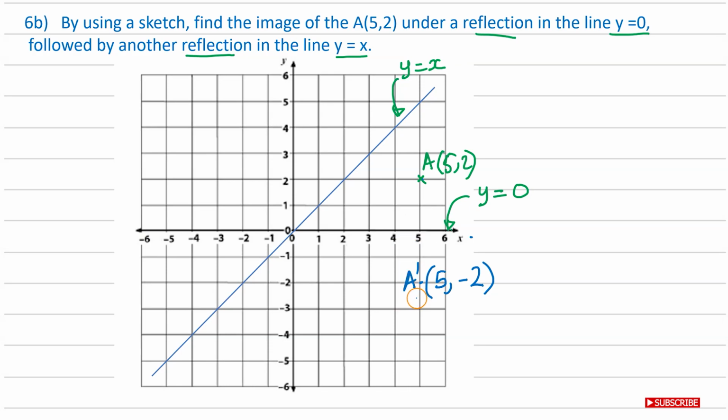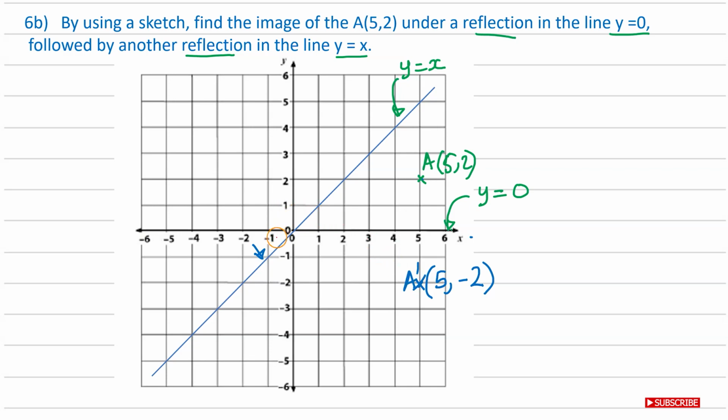Now, we're told there is going to be another reflection in the line y equals x. So this point is now going to be reflected along this line here. So that is your mirror line now. So what happens when we reflect in the line y equals x?